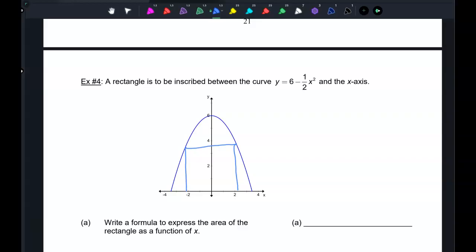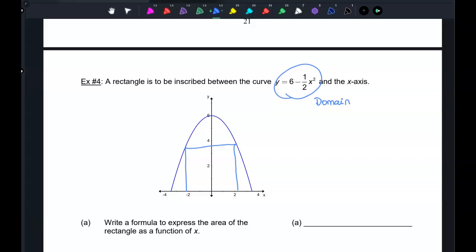We don't know exactly where. It could be at 2, it could be at 2.3, anywhere between here and here. What would that domain be? Well, 2 to 3.